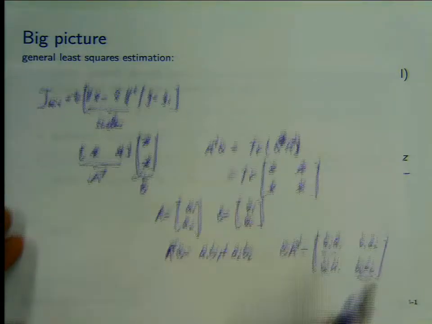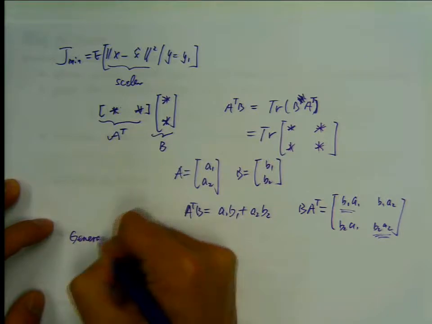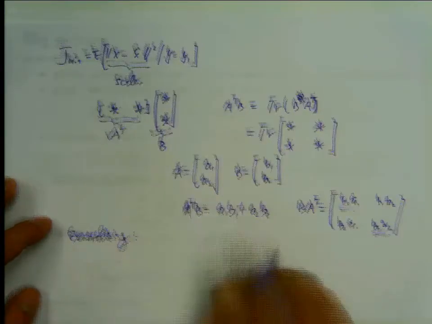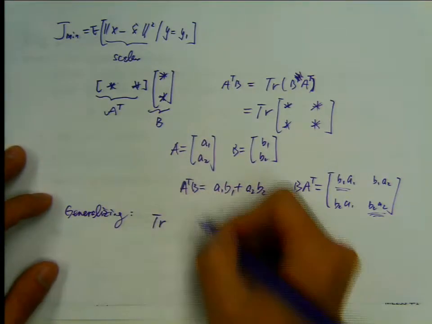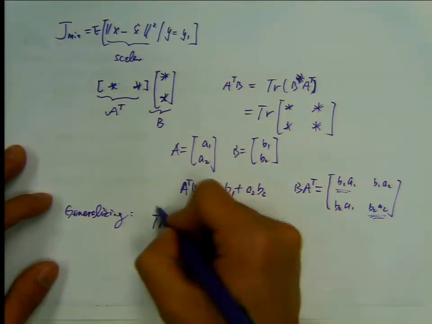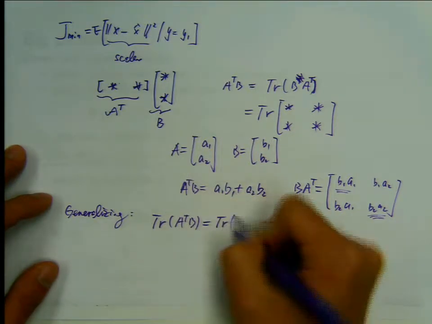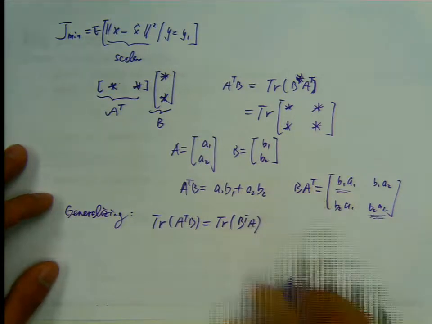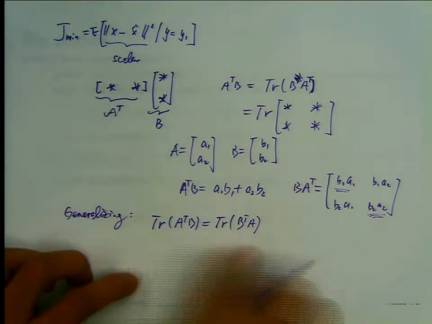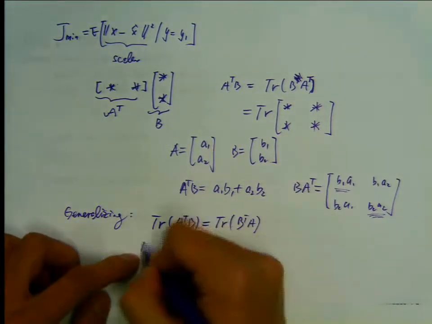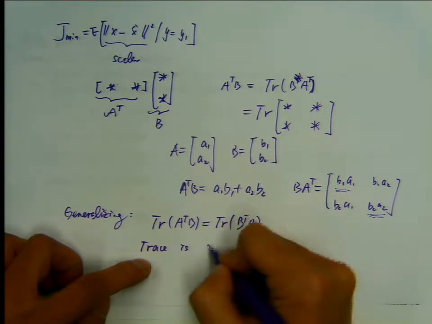If you want to generalize a little bit, this is a fact: if A and B are matrices, then trace of A transpose B is equal to trace of B transpose A. The fact behind this is that the trace is the matrix inner product.